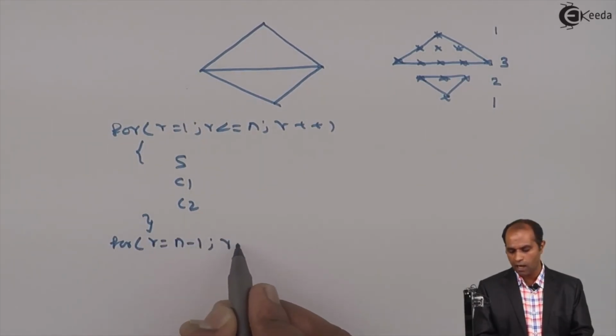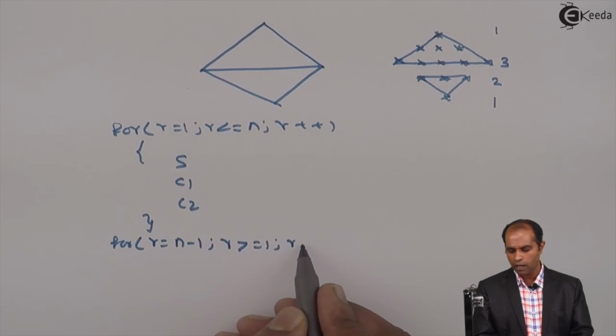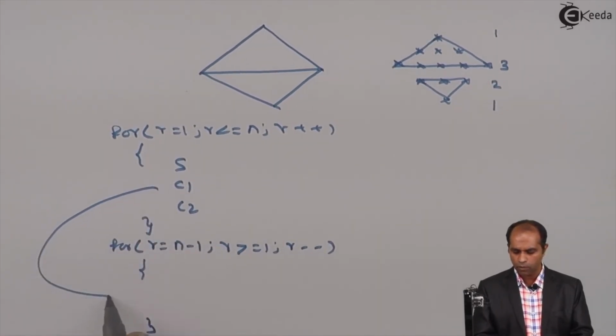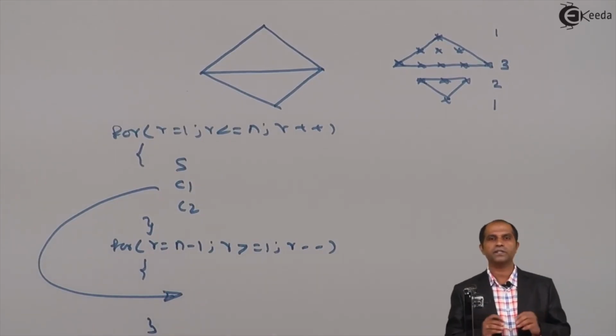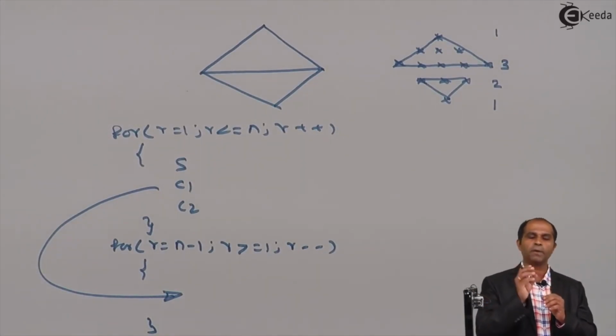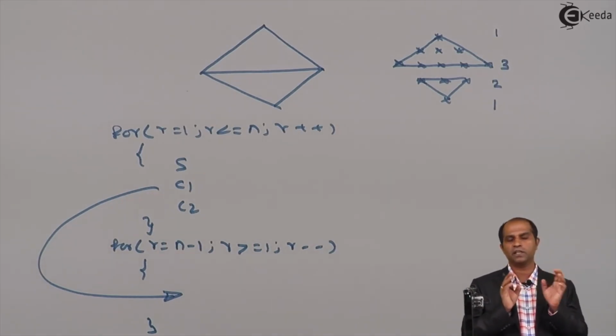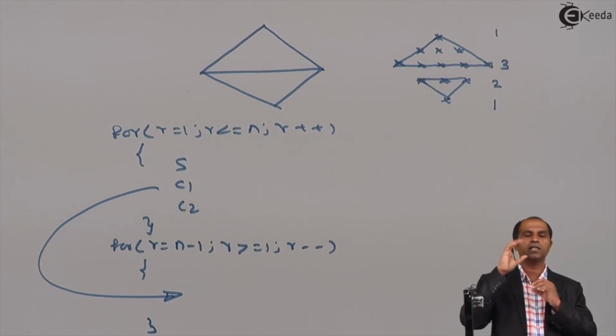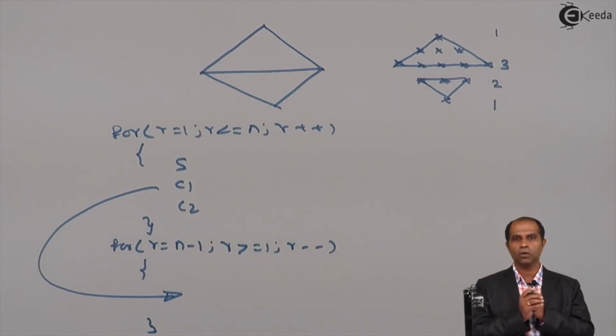Got it right? R greater than or equal to 1, R minus minus. And again in that, S, C1, C2 are supposed to be copied as they are. You are not supposed to change S, C1, C2, whether in the upper part or in the lower part, by even a single instruction. But you have to write it twice: one to generate the upper part and the second to generate the lower part.